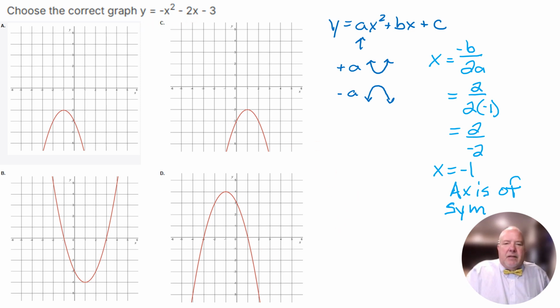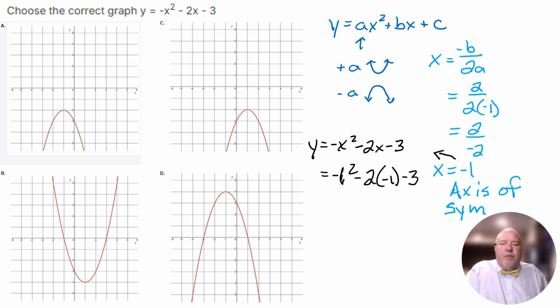So let's look at this. I'll just rewrite the equation real quick. Y equals -x squared minus 2x minus 3. And I'm going to substitute in -1 for x. So that gives me negative 1 squared minus 2 times negative 1, and then minus 3.